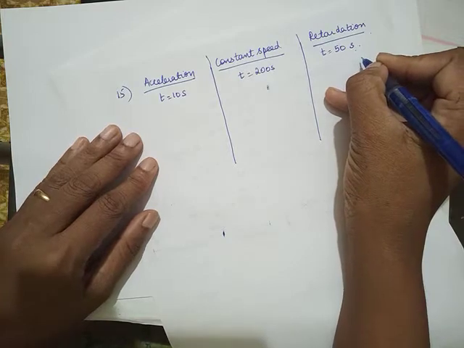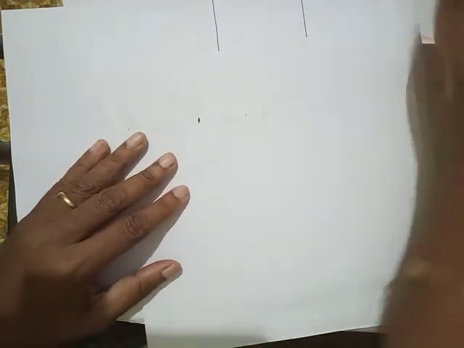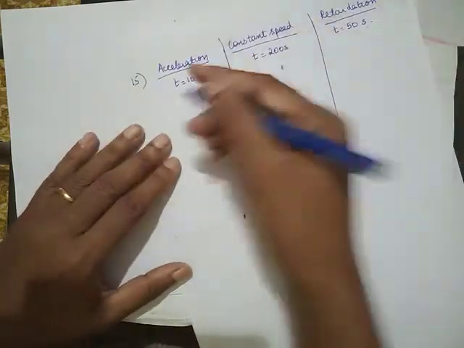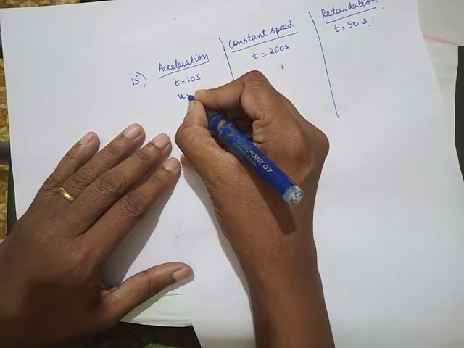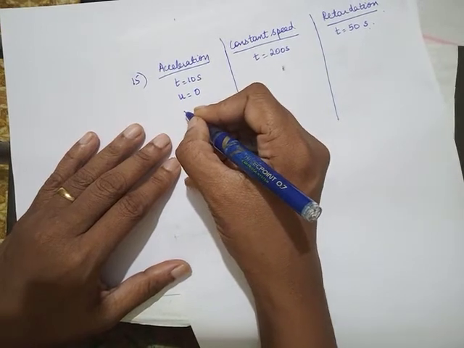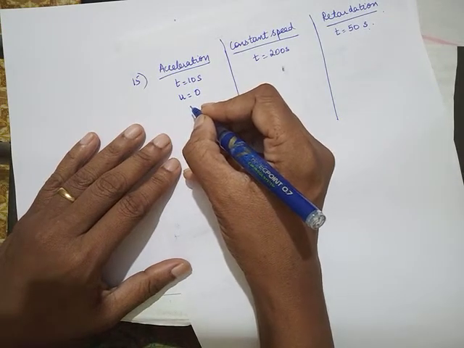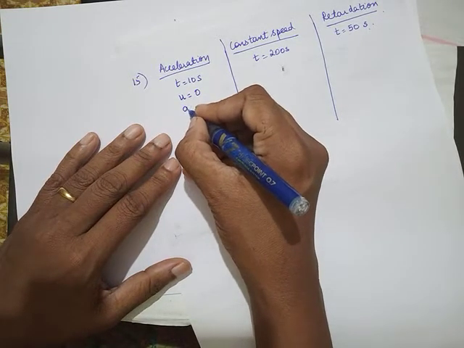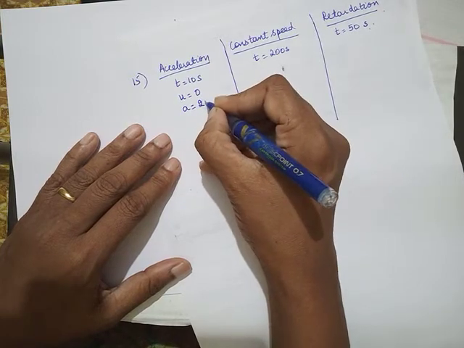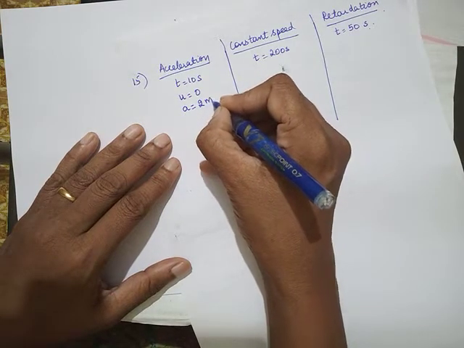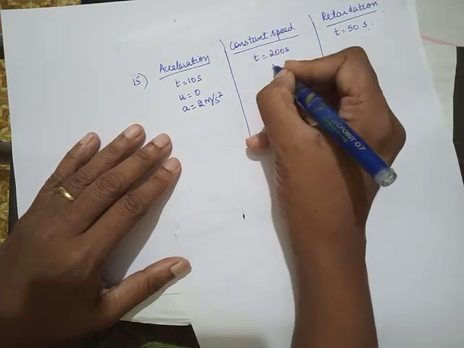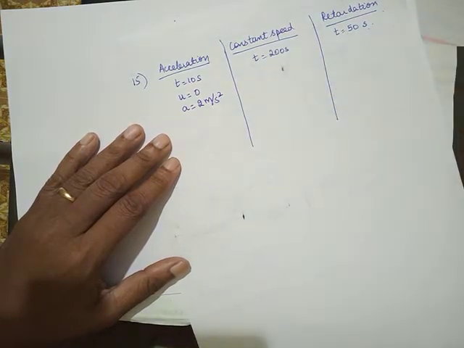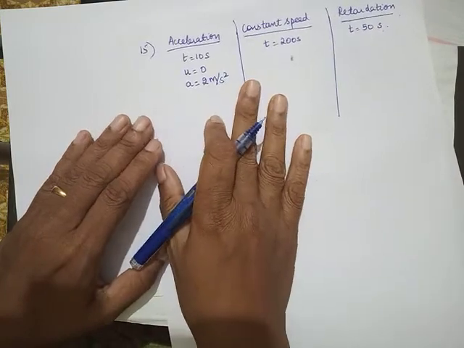Okay, so if we do the timeline, it starts from rest. So it was initially at rest and accelerates uniformly at a rate of 2 meter per second square. Then it maintains a constant velocity, brakes are then applied. Only this much information is given.